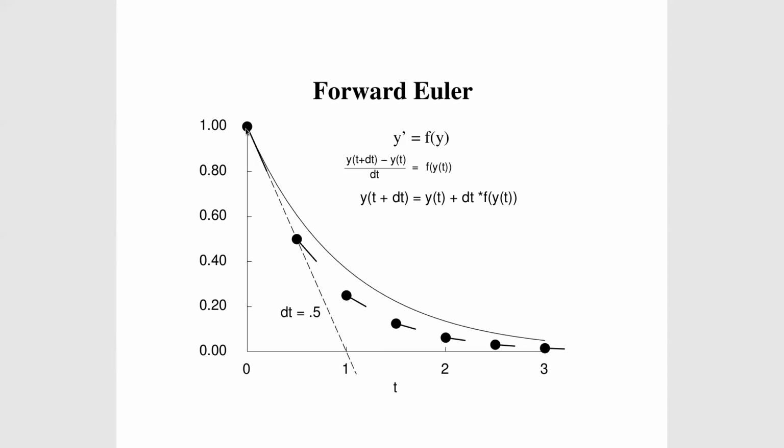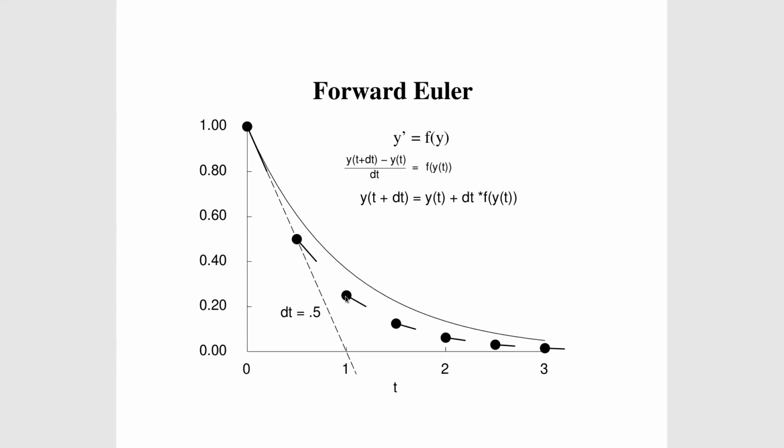So we start out with an initial condition of y equals 1. The slope here is minus 1. We move along that slope for a half a millisecond. At this point, we find that y value is 0.5 and the slope there is minus 0.5. So our next solution step will take us from here to here with a slope of 0.5.